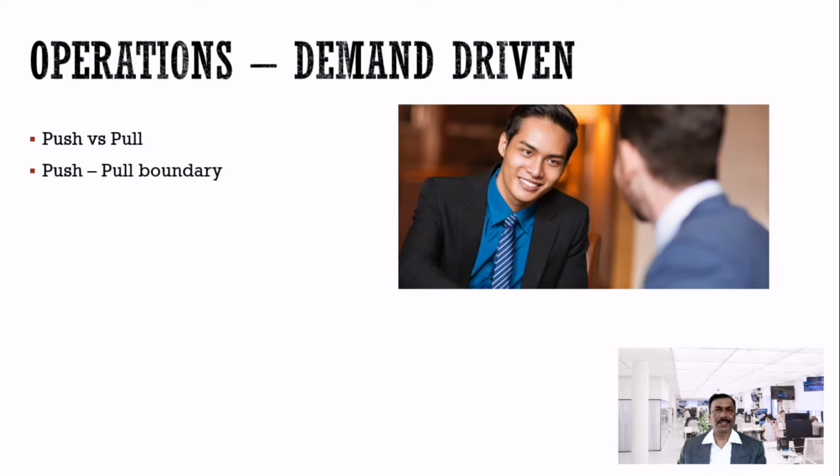Many organizations do a combination of push and pull. Maybe up to a certain level they push as per the forecast, then wait for the customer order. Possibly this could be the assemble to order manufacturing strategy. So every organization needs to decide what model they are going to adopt to service their customer, and accordingly inventory planning differs in each model.